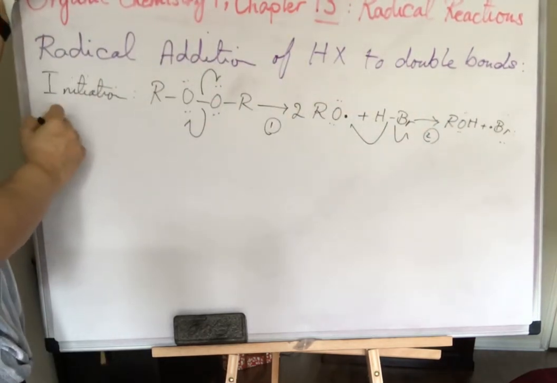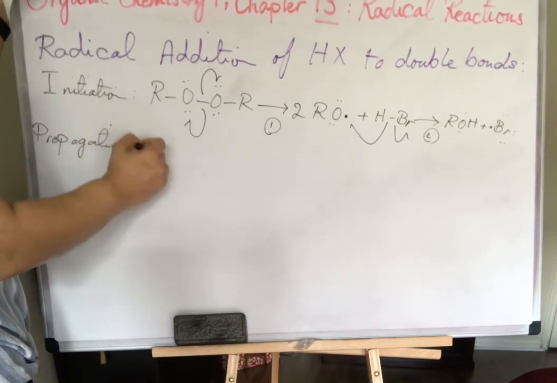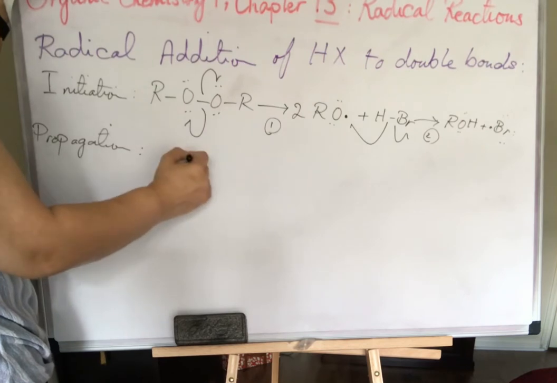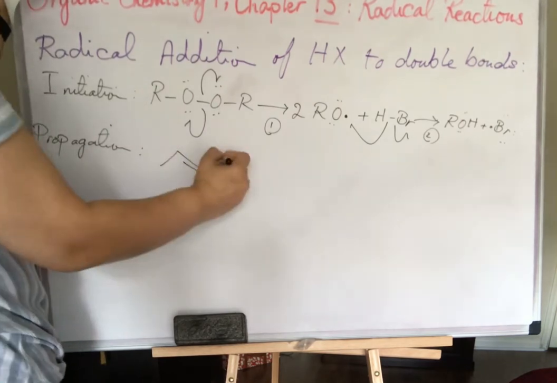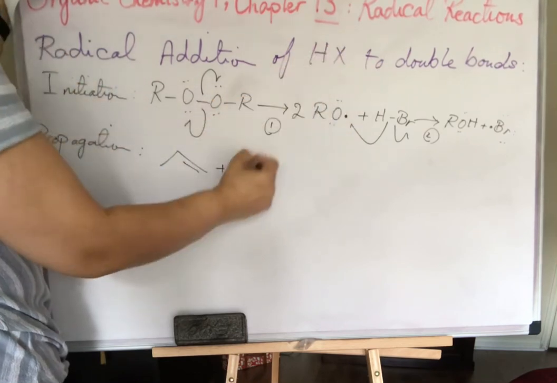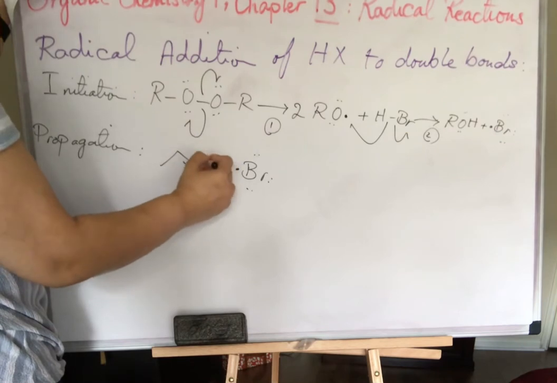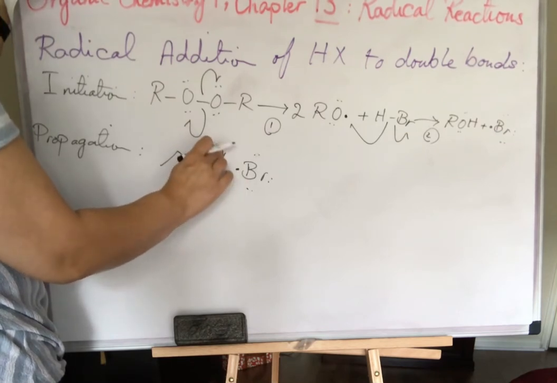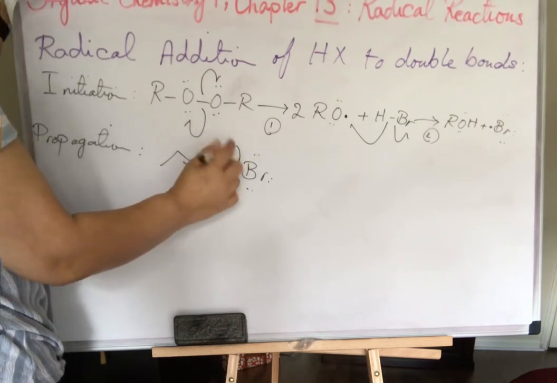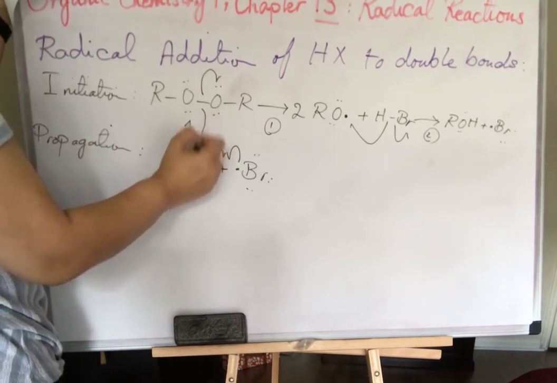Then in the propagation step, we introduce our alkene to the produced radical, right? So then the radical needs 1 electron, and we can have one of the electrons of the double bond.